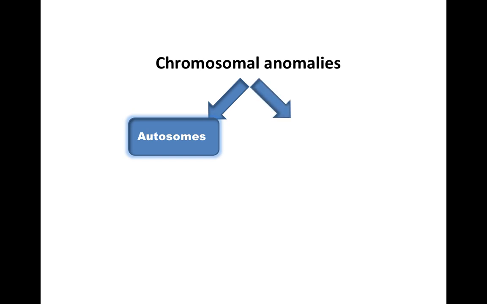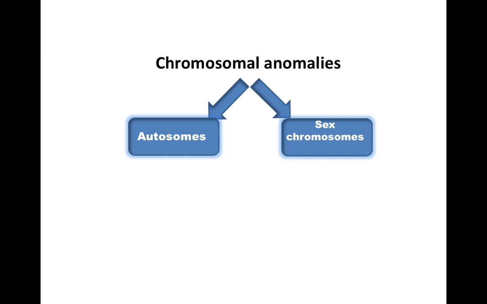Okay, now we come to what type of chromosomal abnormalities we can see in a karyotype. Chromosomal abnormalities can affect the autosomes, these are chromosomes 1 to 22, or of course the sex chromosomes.